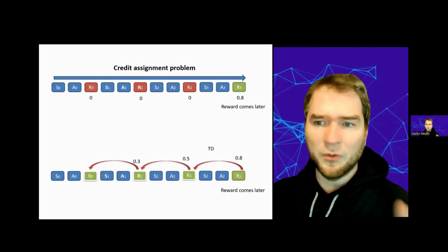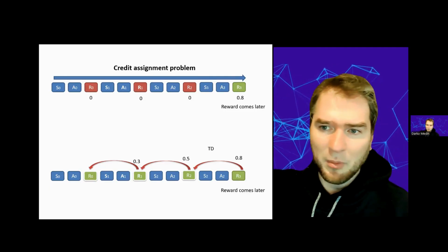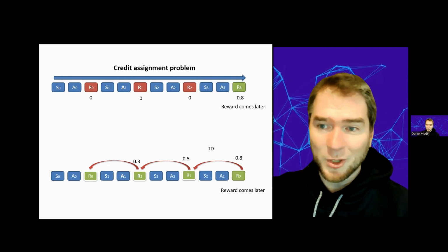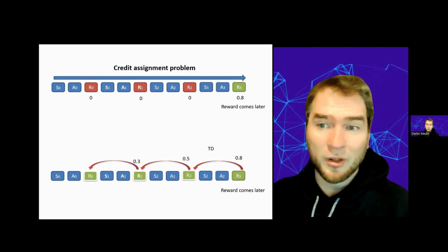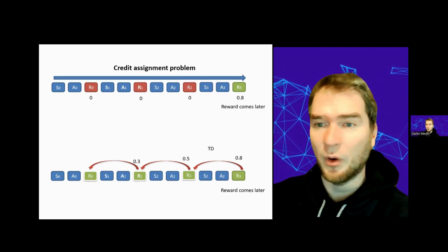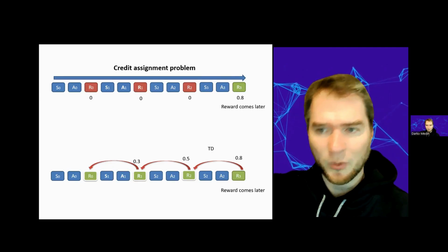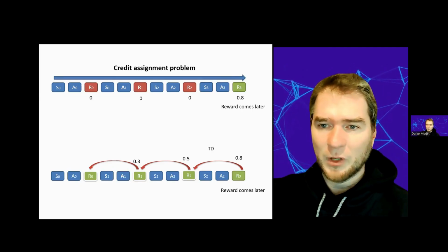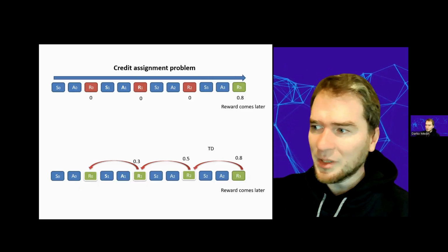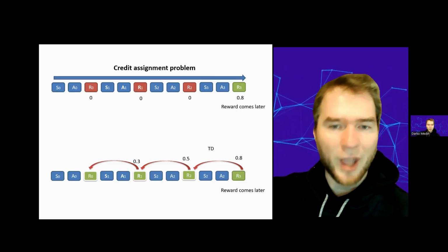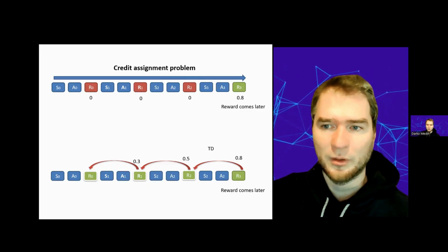And the same would be for a number of rewards, maybe 10, 15, 20 first actions would not be rewarded at all. All those rewards would be 0. The reward would only come at the end of the maze, which is R3 here, hypothetically. So the problem is, how do we assign the credit to the actions that led to this reward?